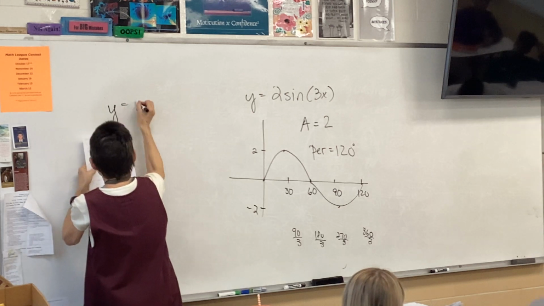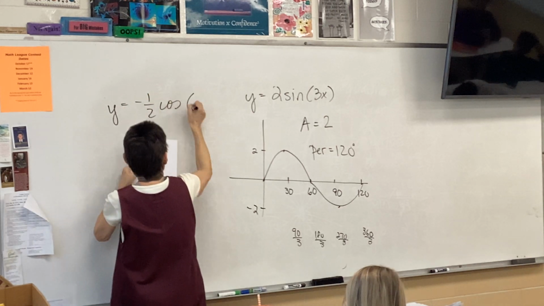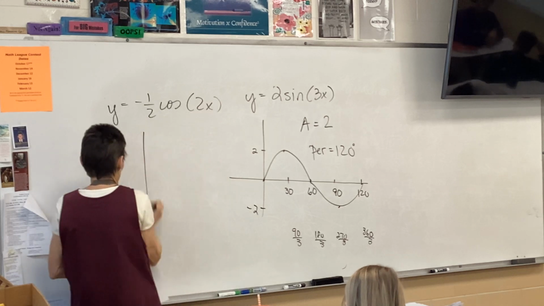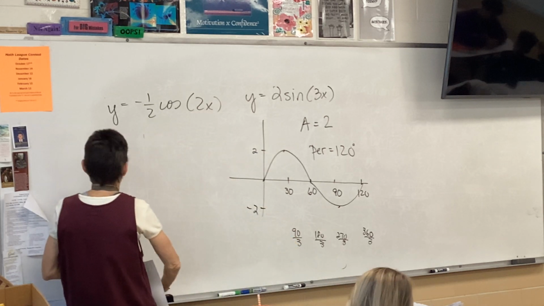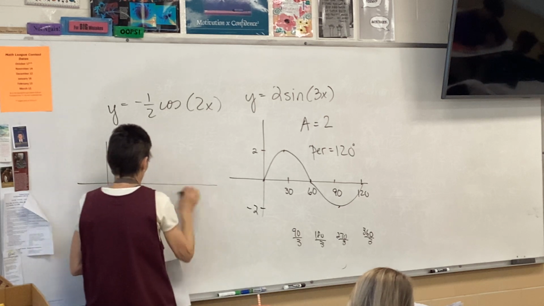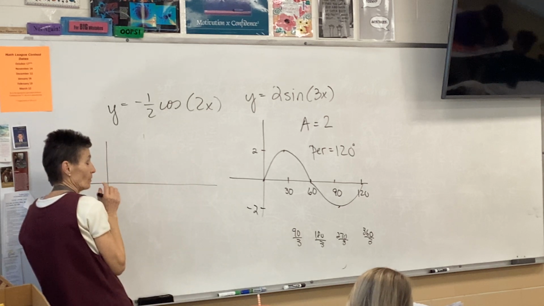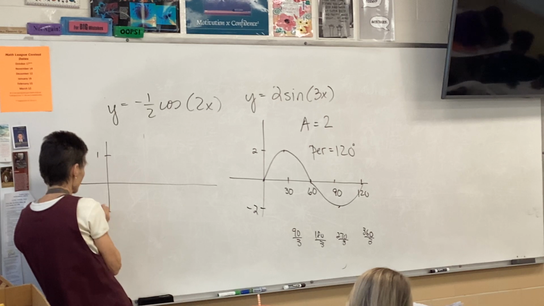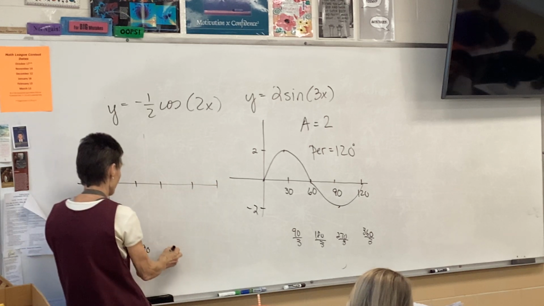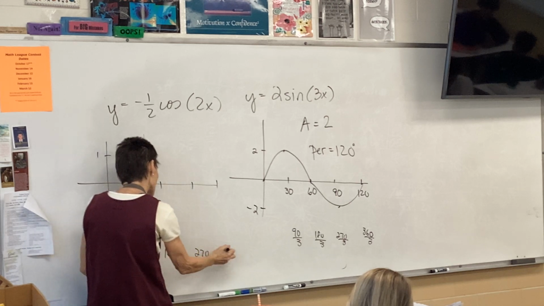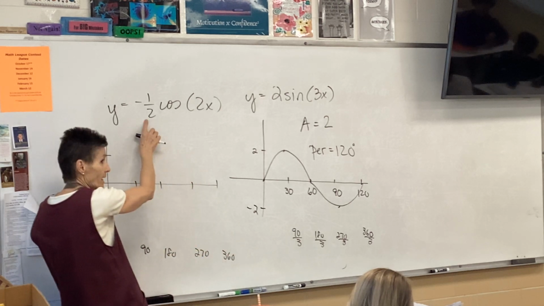Now, negative 1/2 cosine 2x. Now, be careful, this is a cosine. So, normal labels apply, but it's a negative.